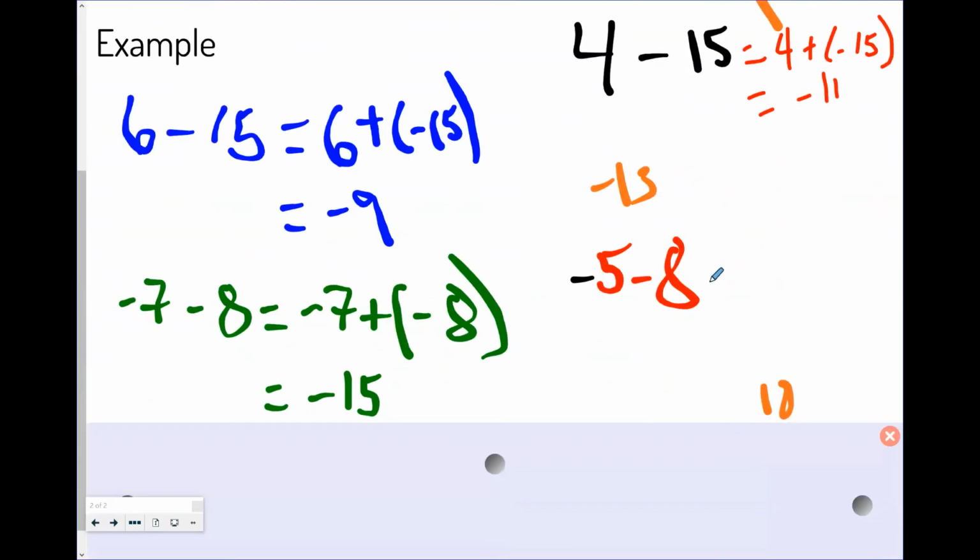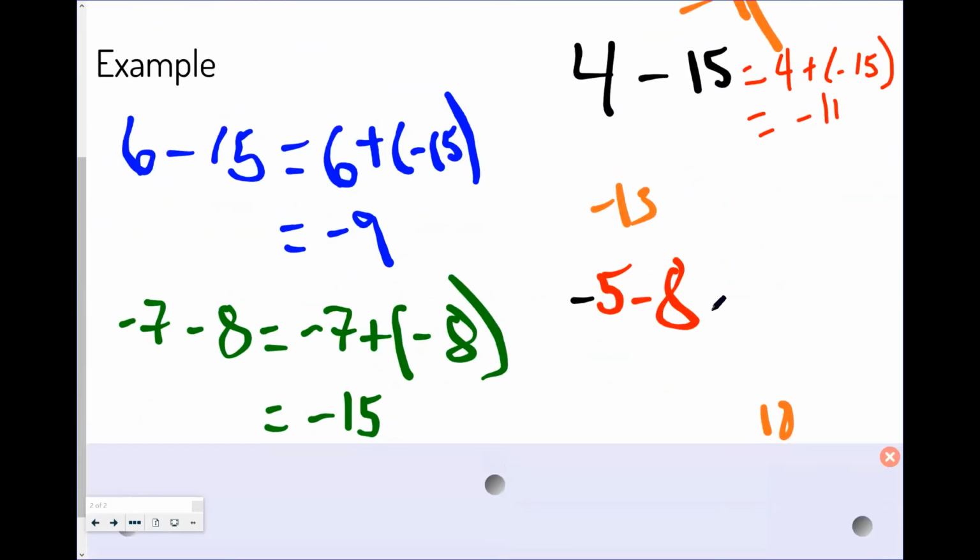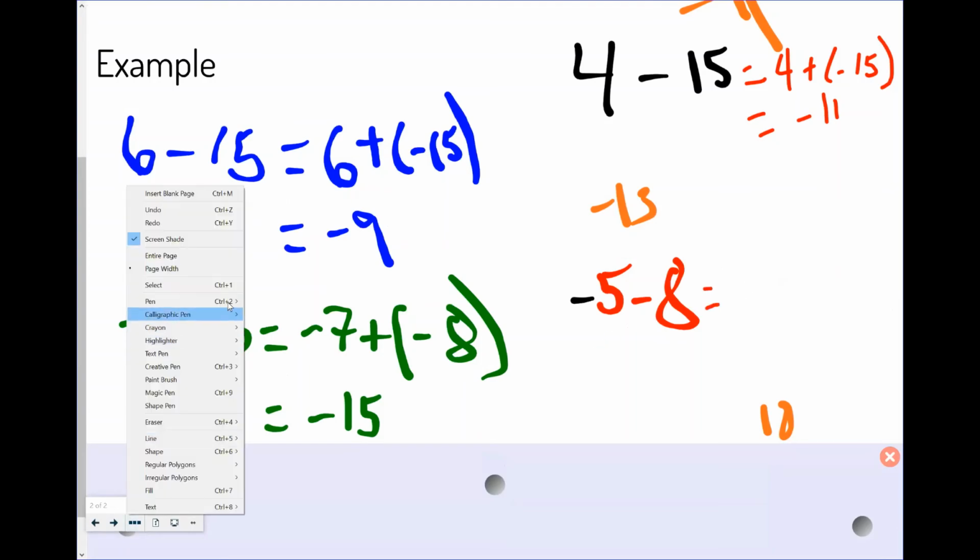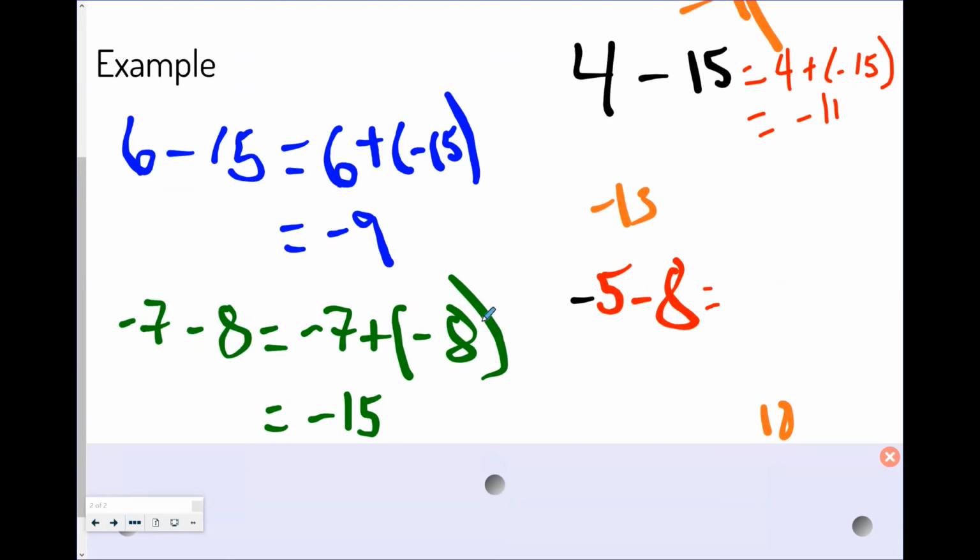-5 minus 8. We're going to rewrite this as -5 plus -8. Okay.